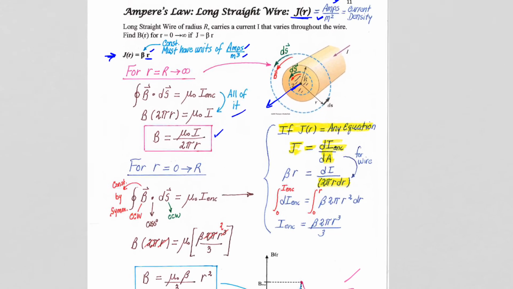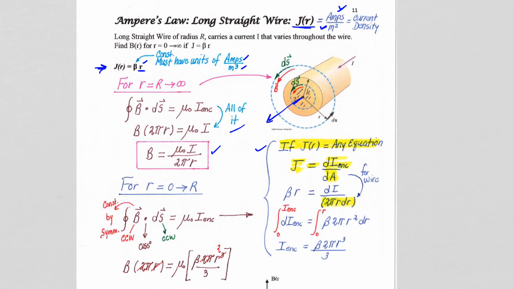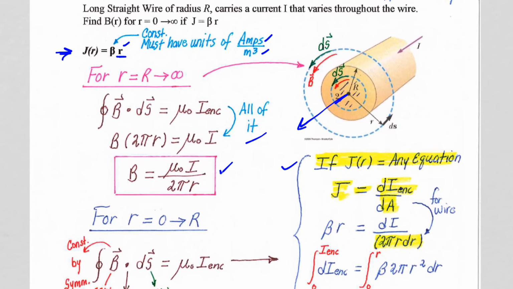Now, if we're inside the wire, it's a little different. I have it highlighted here, so please make sure you get this down in your notes. When we do Ampere's law inside the wire now, our Amperian loop doesn't change, so our basic analysis doesn't change. Our Amperian loop runs counterclockwise inside the wire.